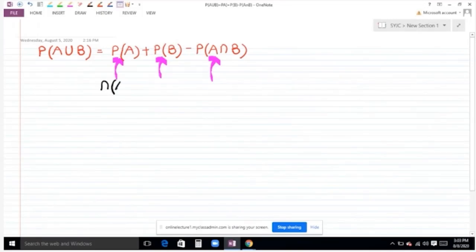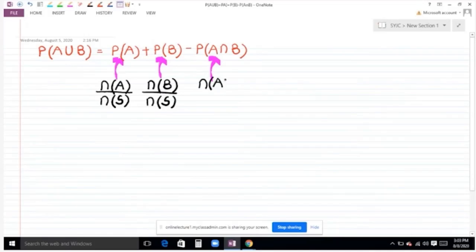P of A is equal to N of A upon N of S. P of B is equal to N of B upon N of S, and P of A intersection B is N of A intersection B upon N of S.